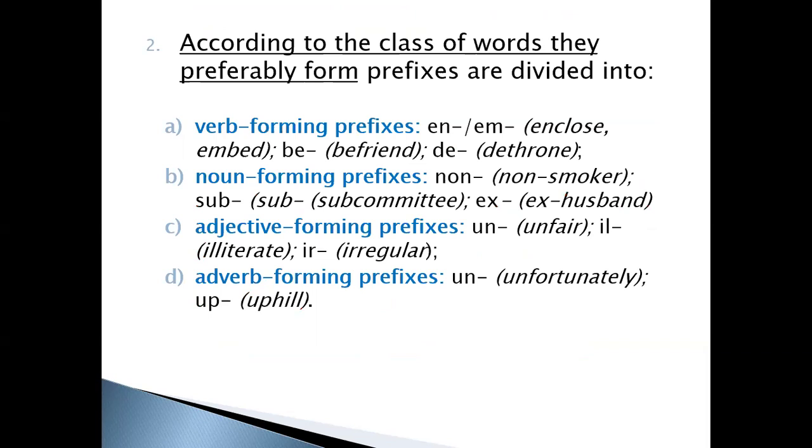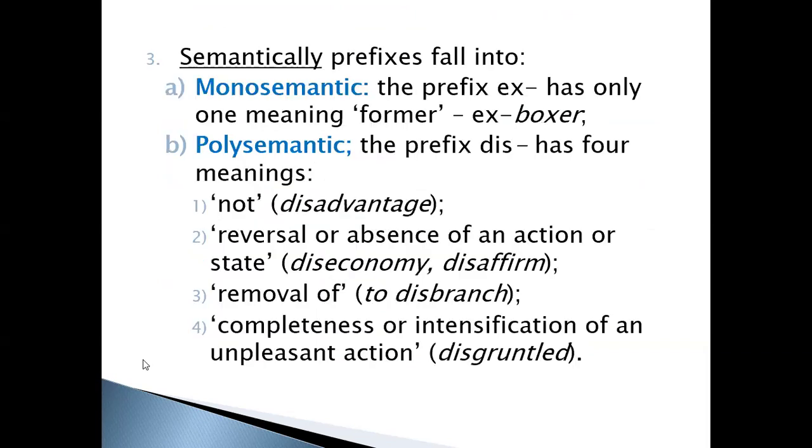Noun-forming prefixes: non-, non-smoker; sub-, subcommittee. Adjective-forming prefixes: un-, unliterate. Adverb-forming prefixes: unfortunately, uphill. Semantically, prefixes fall into monosemantic prefixes and polysemantic prefixes.